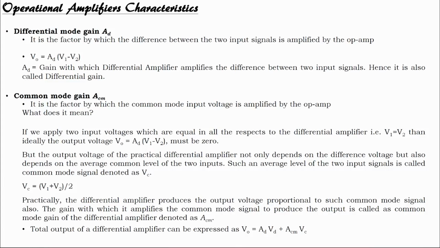Common mode gain, what does common mode gain mean? It is a factor by which the common mode input voltage is amplified by the operational amplifier. If we apply two input voltages which are equal in all respects to a differential amplifier, let us say the voltage at the inverting terminal is V1 and the voltage at the non-inverting terminal of the op amp is V2, and V1 equals V2, then ideally what should be the output?